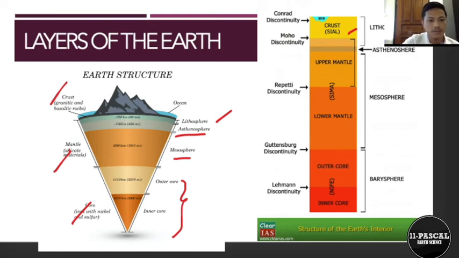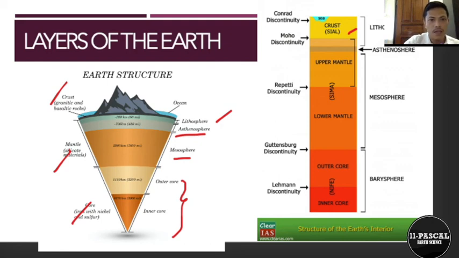Sial stands for silicon and aluminum, the silicate minerals and aluminum. Sima stands for silicon and magnesium, which is actually the component of our oceanic crust.